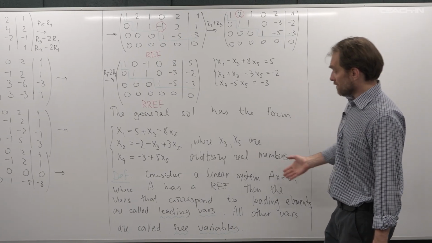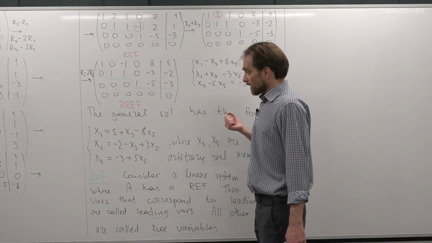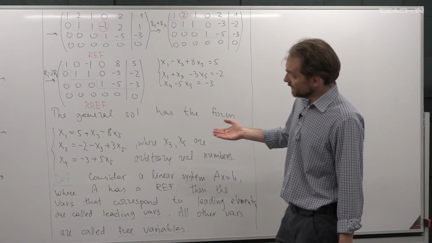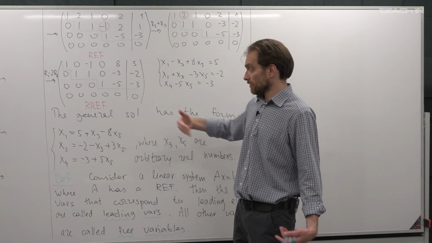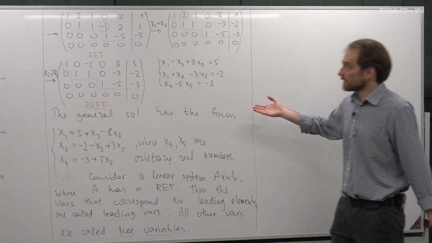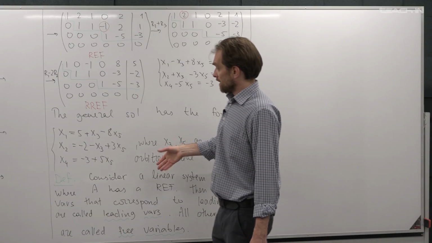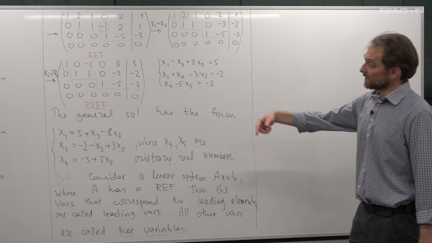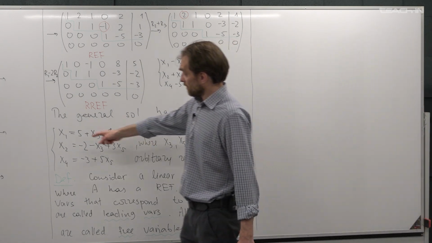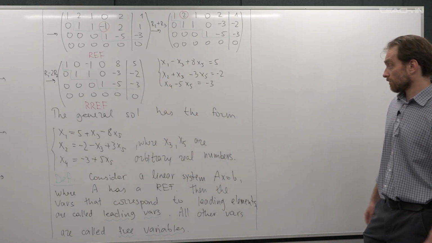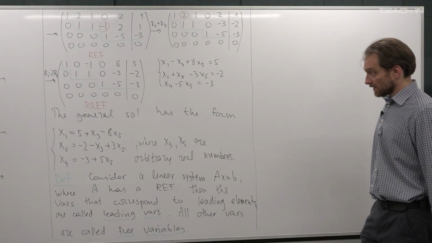So if our matrix has the reduced row echelon form, then the procedure to express the leading variables in terms of free ones is more or less automatic, like in this example. So we just move everything to the right-hand side besides the leading variables, and all the coefficients are ones just because of the definition of the reduced row echelon form, and so we get the general solution.